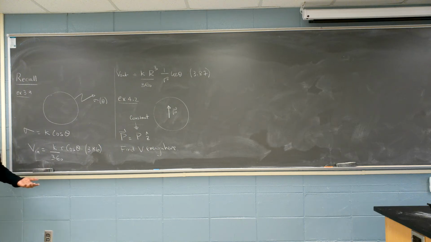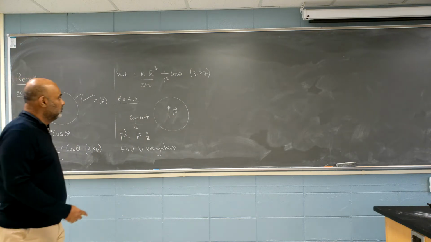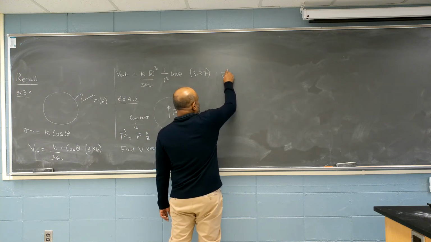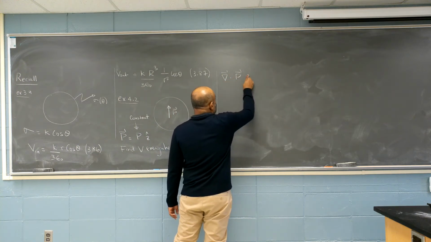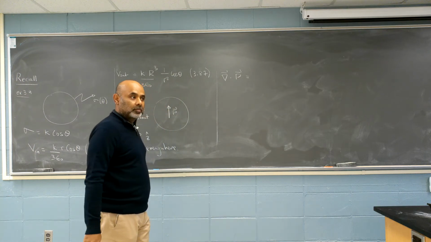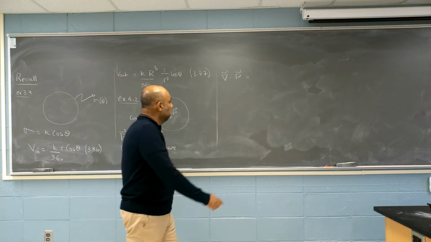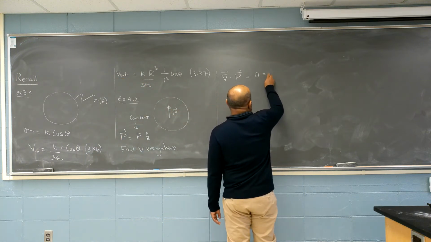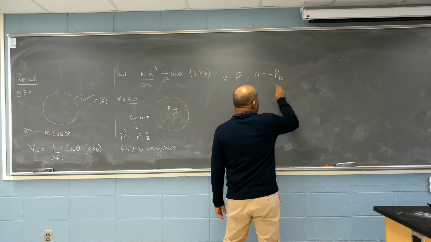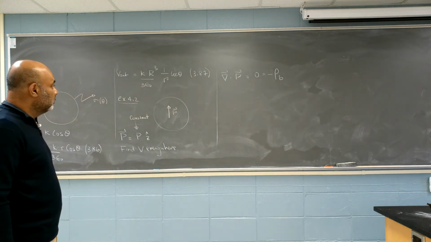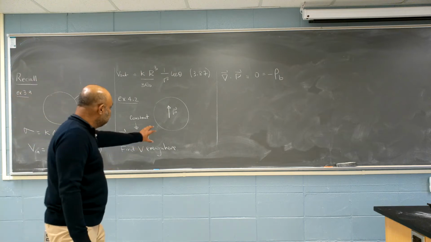Let's begin by finding the bound charge densities. Well, what is divergence of P, you think? It's a constant vector, so 0, which is equal to the negative of the bound volume charge density. There is no charge density inside.